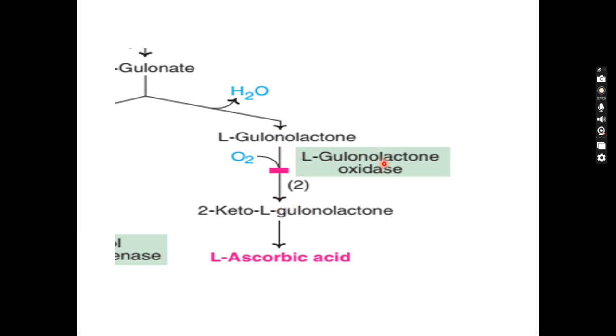So if this enzyme is lacking, then there will be no production of ascorbic acid, or vitamin C. Okay, so the L-gulonolactone will be converted to 2-keto-L-gulonolactone in the presence of this enzyme, L-gulonolactone oxidase, and the 2-keto-L-gulonolactone is the one where ascorbic acid comes from.